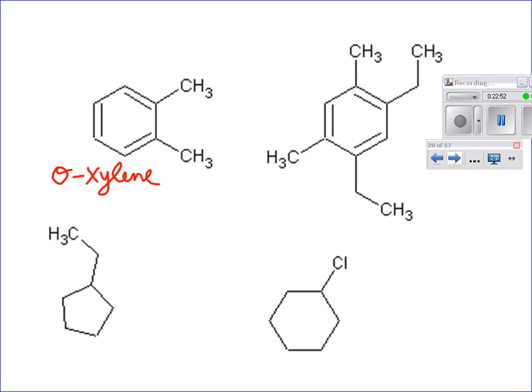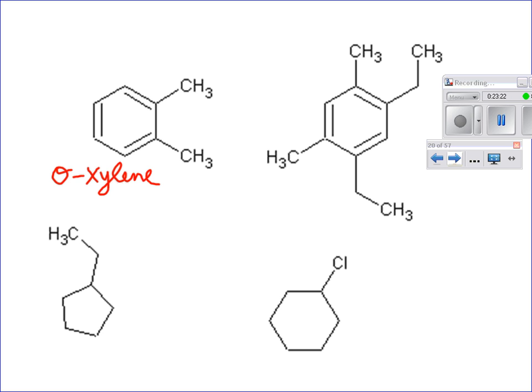Any other ideas? I could name it 1,2-dimethylbenzene. I'd be okay with that, even though it's not the common name. But there's another thing I could do. How about looking at it from the perspective of that being a toluene?